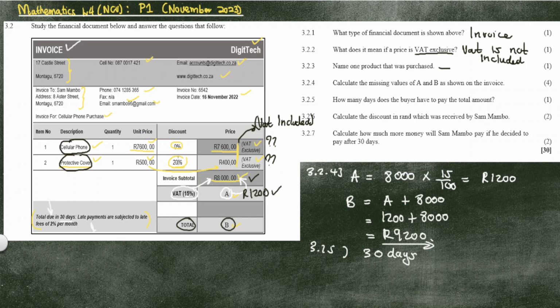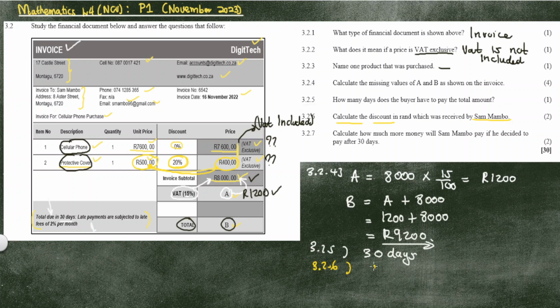Sambo. Okay. I did a highlight here while we were analyzing the invoice. So this was the total amount, right? This was the total amount to be paid, but because there's a 20% discount, it drops to about 400. So we can calculate it like this. Calculate the discount in rand which was received by Sambo.